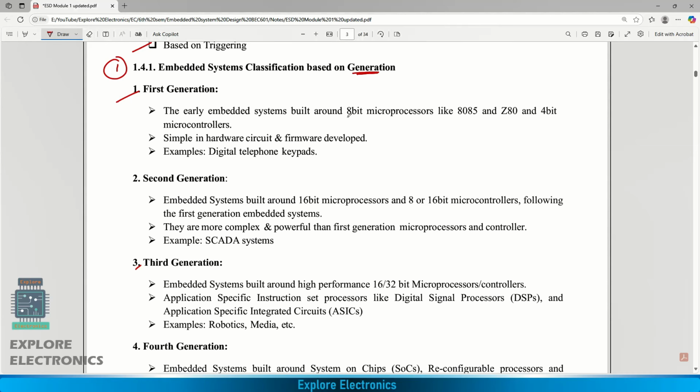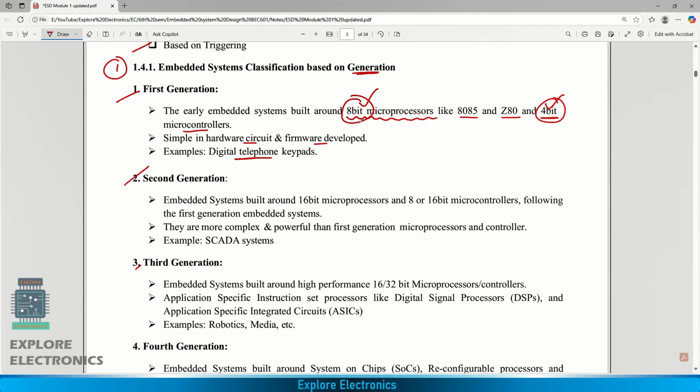The early embedded systems were built on 8-bit microprocessors like 8085, Z80 and 4-bit microcontrollers. Remember these 2 points, 8-bit microprocessors and 4-bit microcontrollers. Digital telephone keypads and simple hardware it will consist of.